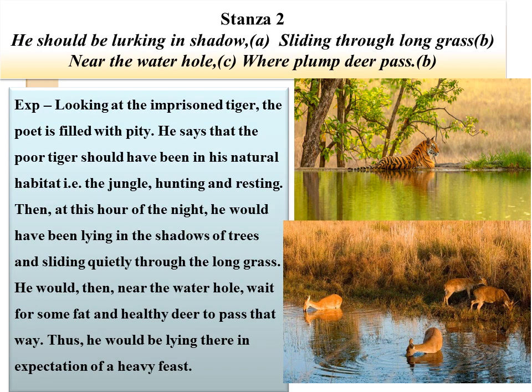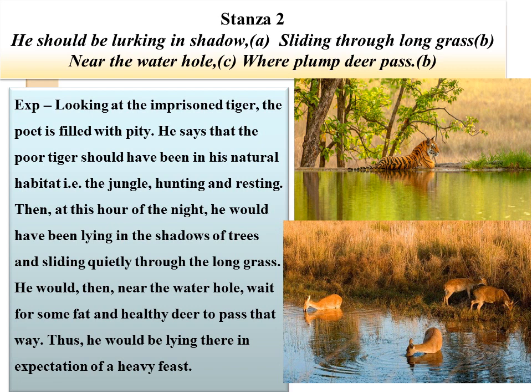He should be lurking in the shadow, sliding through long grass near the water hole where plump deer pass. This line shows us that the tiger is supposed to be in the forest, lurking in the shadow.